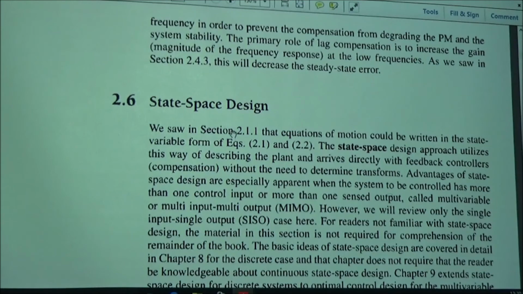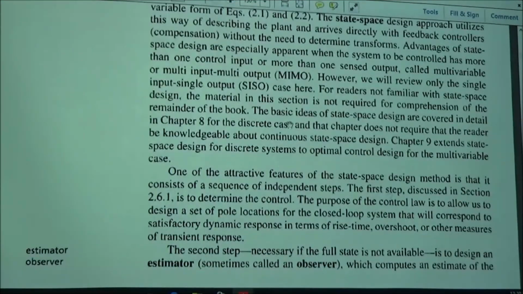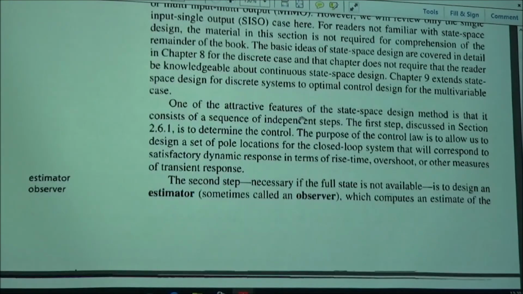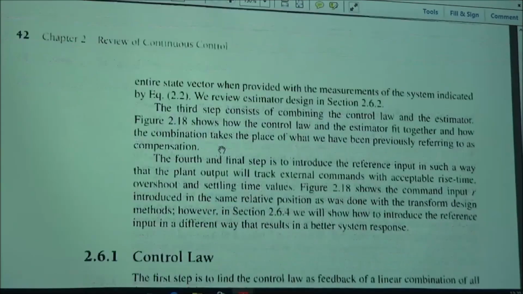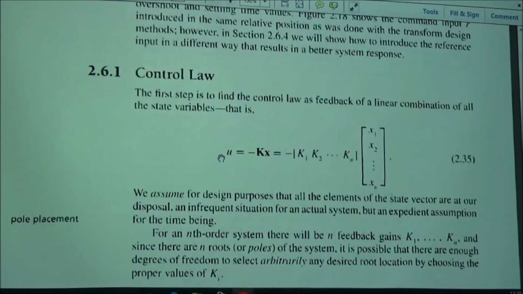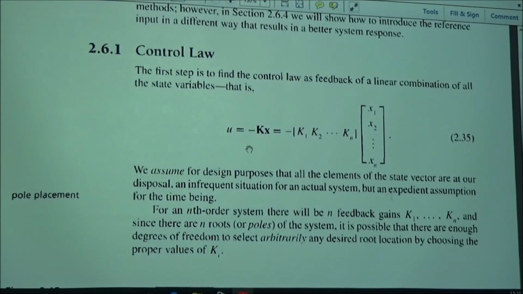In the state space approach, where you may have a multi-input, multi-output situation, we later on help you understand the concept of observer or estimator, and we also show you what we call the pole placement problem.